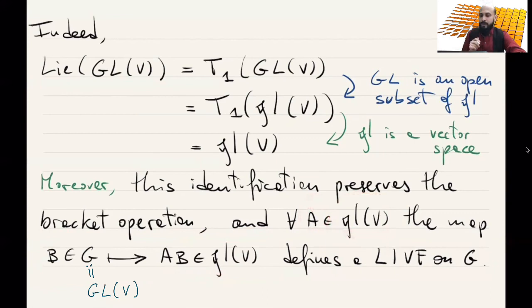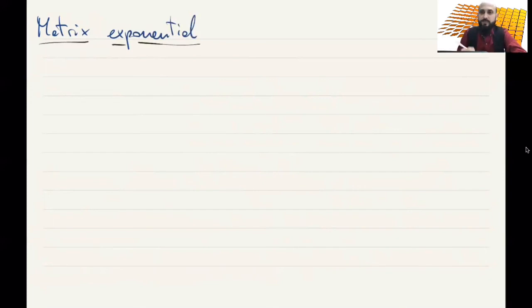Okay, now let's discuss the exponential map. So first of all, let me quickly recall the matrix exponential. At some point in your studies, you have probably seen the theory of taking exponentials of matrices.